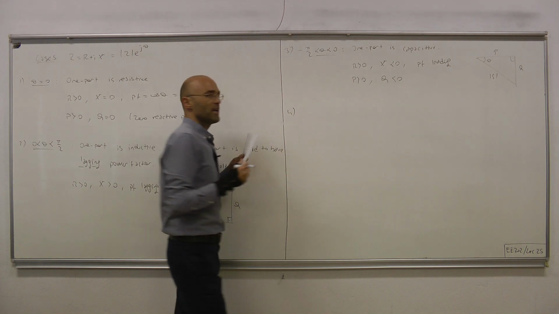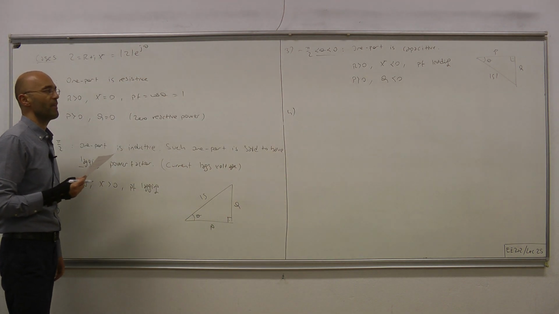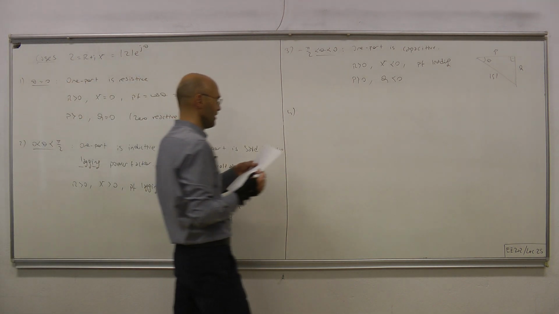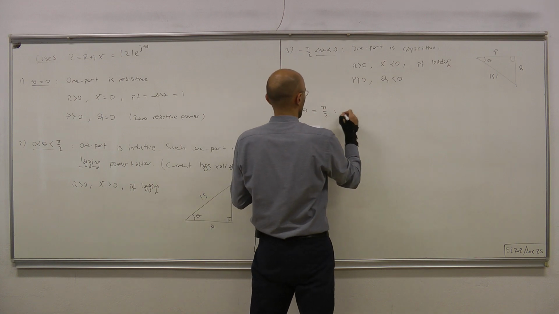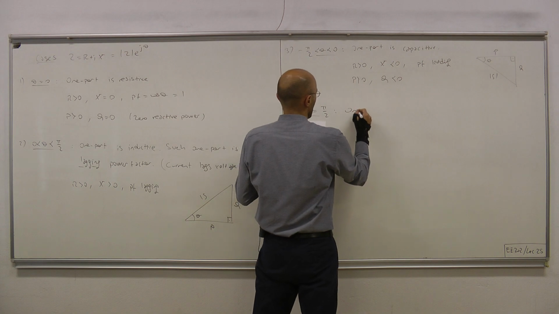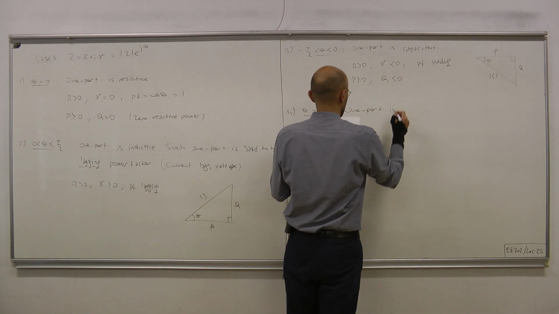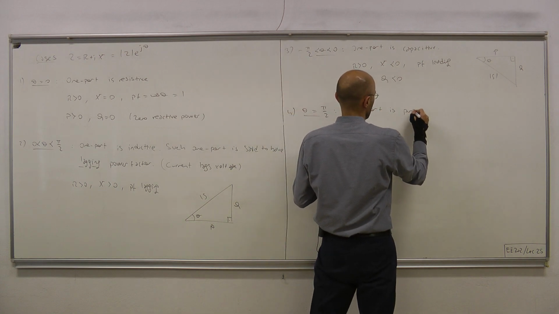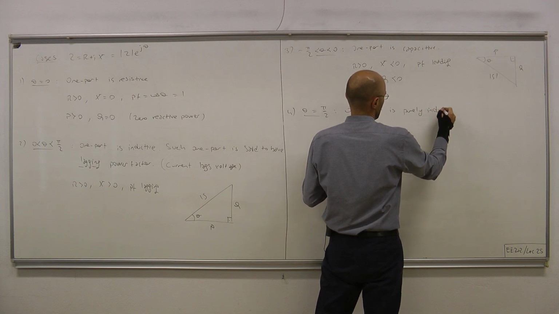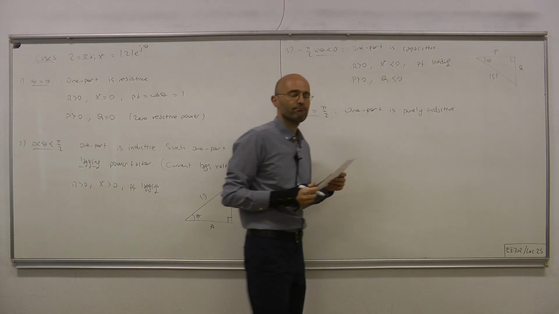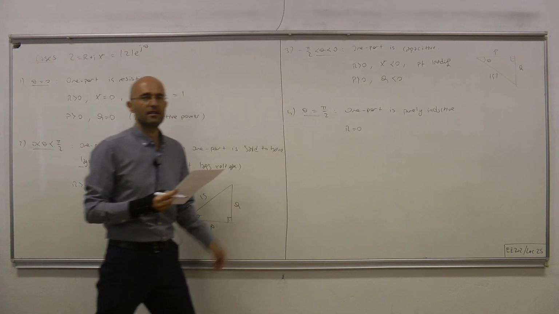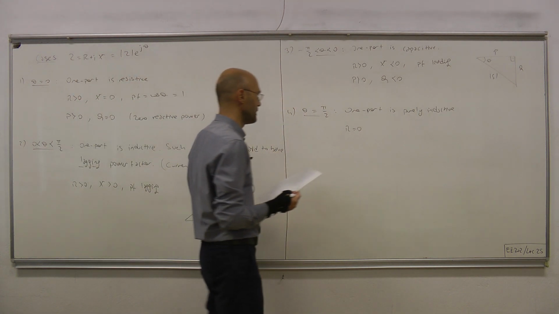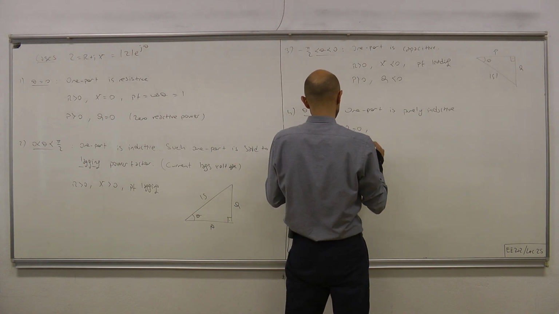The remaining two cases, cases 4 and 5, are the extreme cases. One is that theta equals pi over 2, where one port is purely inductive. Namely, R equals 0. The real part of the impedance is 0.